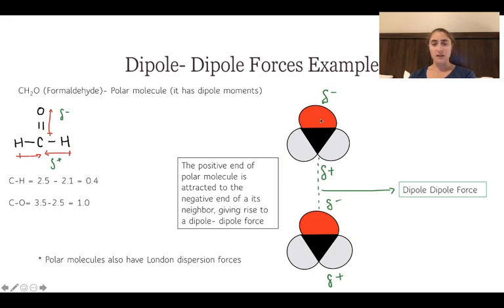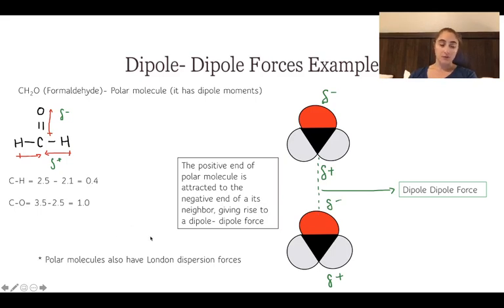The red represents my oxygen, these are my two hydrogens, and the black is my carbon. So I've got my slightly negative end and my slightly positive end, and the dipole-dipole force is going to exist between the slightly positive end and the slightly negative end. The negative end is attracted to the positive end. So that's what a dipole-dipole force is.